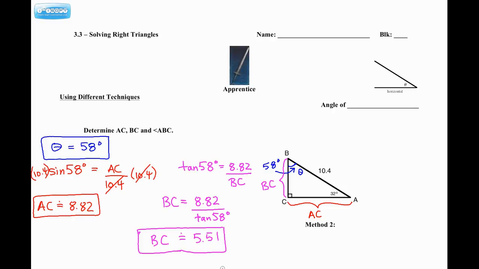Okay, so if you actually do 8.82 exactly as written, divided by tan of 58, well, you still get 5.51. But you just have to be mindful that if you're using numbers that are rounded, you don't want to round them too much because, well, by the time you get the answer you're looking for, you might be slightly off. Okay? But in this case, it all worked out. Solved.